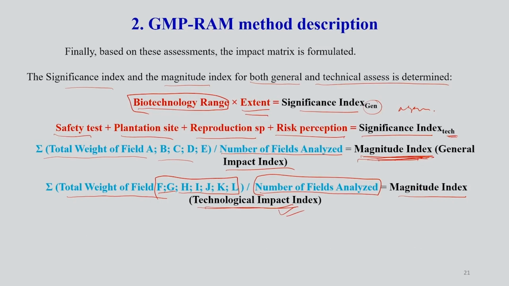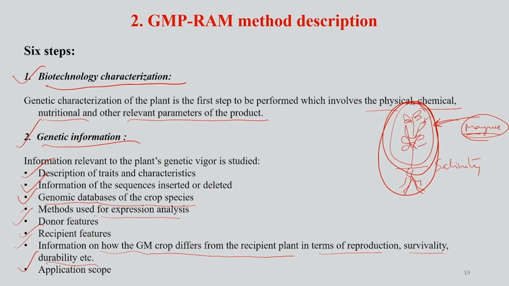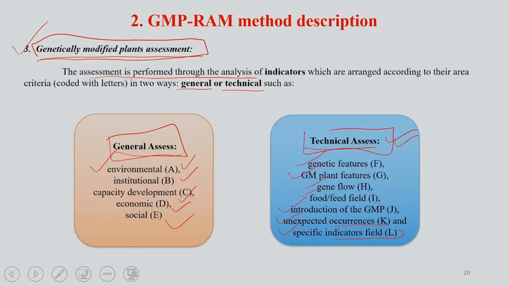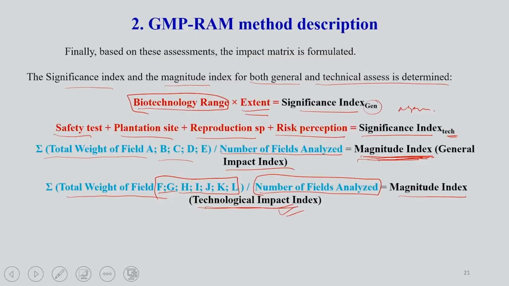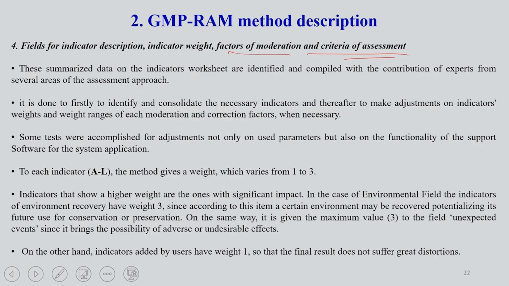If you remember, the first one was LCA and now we are discussing the second one. Within the second one, we are discussing the various steps of the GMP RAM method of EIA. So, first one biotechnology characterization, second genetic information, third is genetically modified plant assessment and then we go for the fourth step.